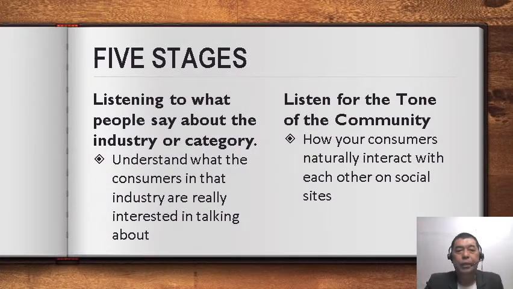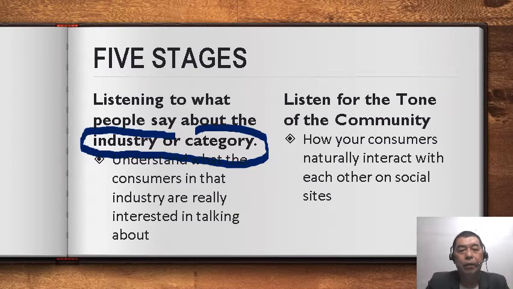There are 5 stages. Listening to what people say about the industry and category. So the first stage is about the industry that you are playing or the category of your product in that industry. Understand what the consumers in that industry are really interested in talking about. Let's say, for example, you are in telecommunications.